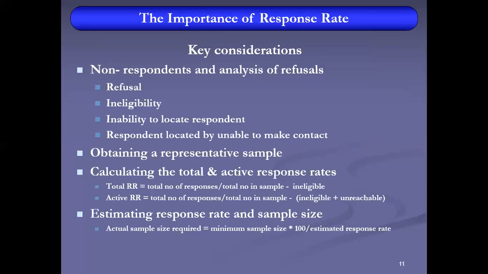And what is the active response rate? Total number of responses divided by total number in sample minus ineligible plus unreachable. Estimating response rate and sample size. Actual sample size required is equal to minimum sample size multiplied by 100 divided by estimated response rate.